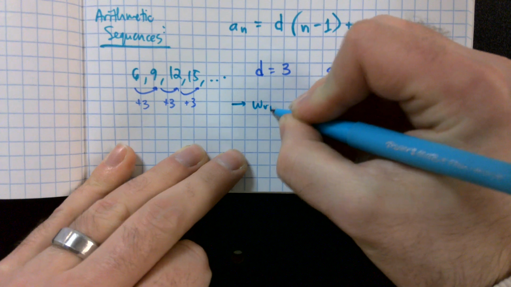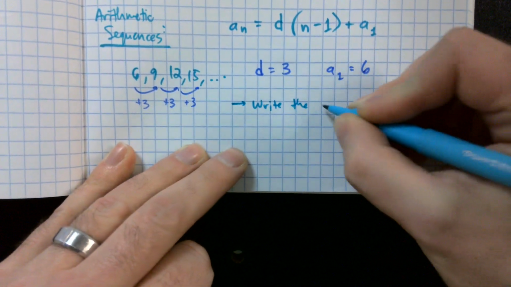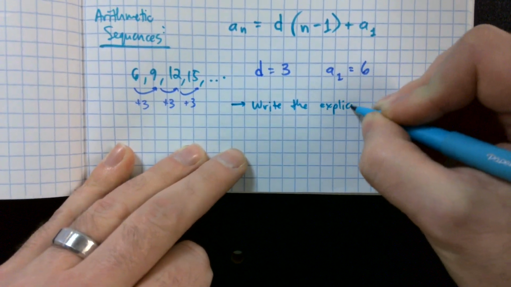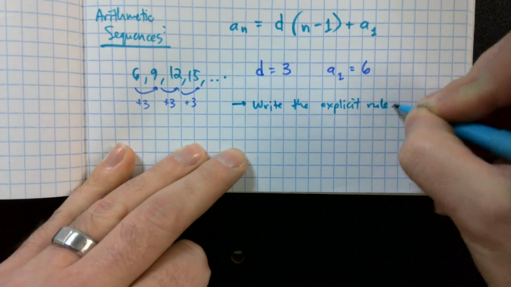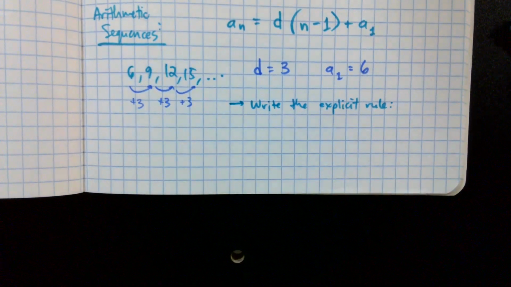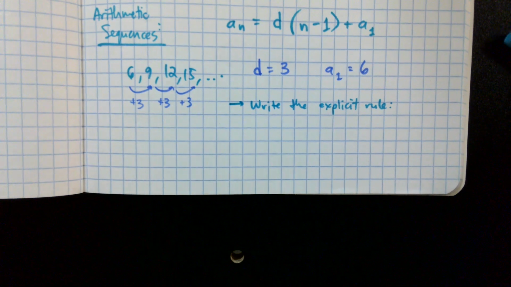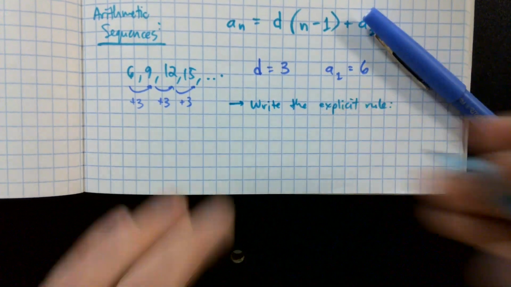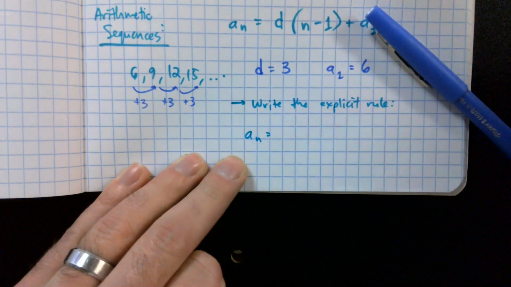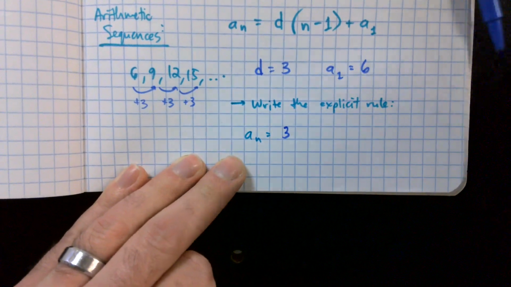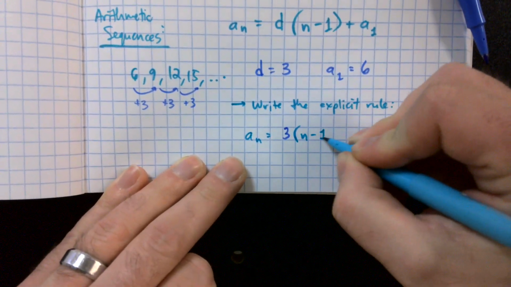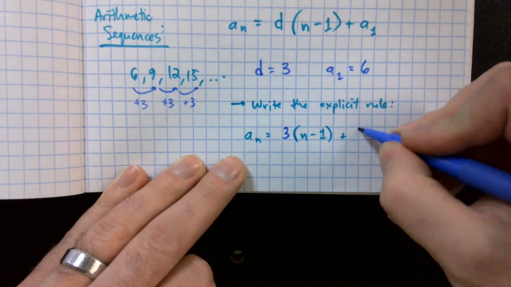So if I wanted to write the explicit rule, as it's called, all we do is plug in 3 for D, 6 for a sub 1, simplify it out, see what we get. So this would turn into a sub n is equal to 3 times the quantity n minus 1 plus 6.